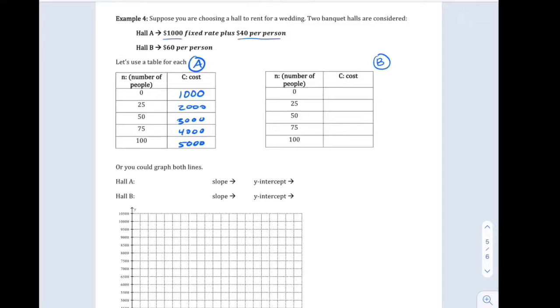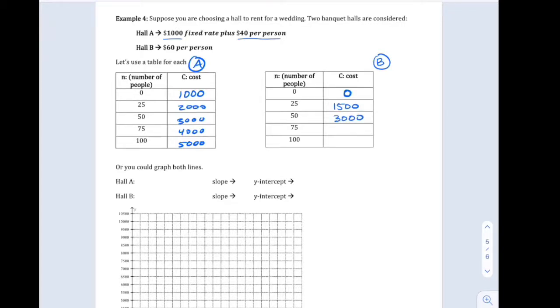If it's 0, well, it costs 0 because there is no fixed fee. It's only $60 per person. But then the next one is 25 people at $60, so times 60 is 1,500. The next one, we have 50 people go, so 50 times $60 is 3,000.